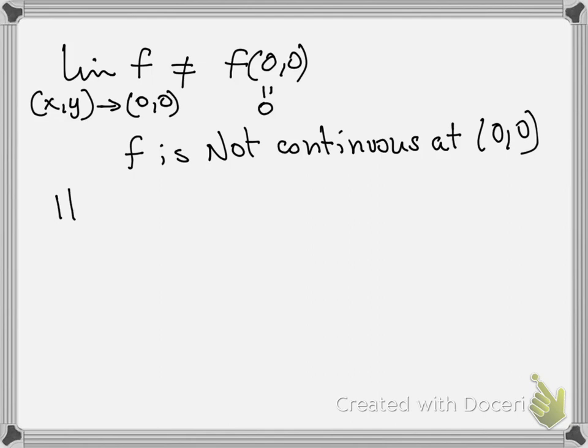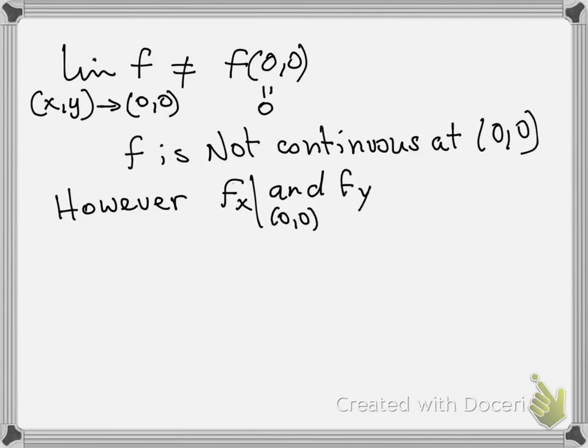However, the partial derivatives exist. For example, the partial derivative of f with respect to x and the partial derivative of f with respect to y at (0, 0) both exist. Okay, so because, well, we can compute.